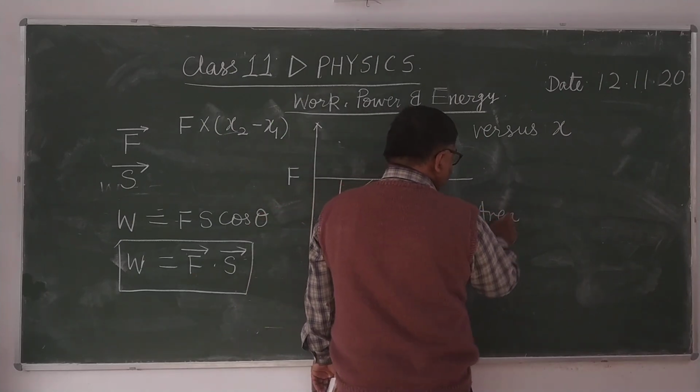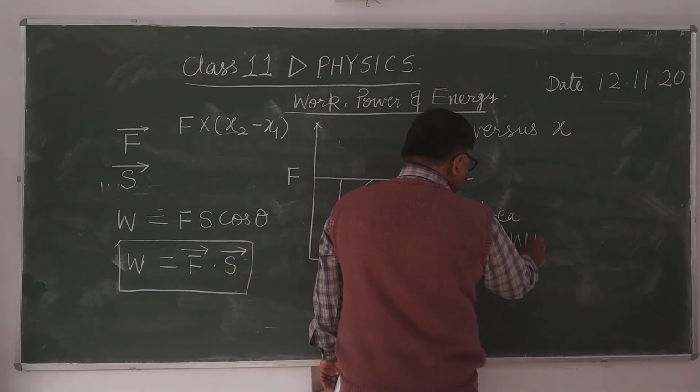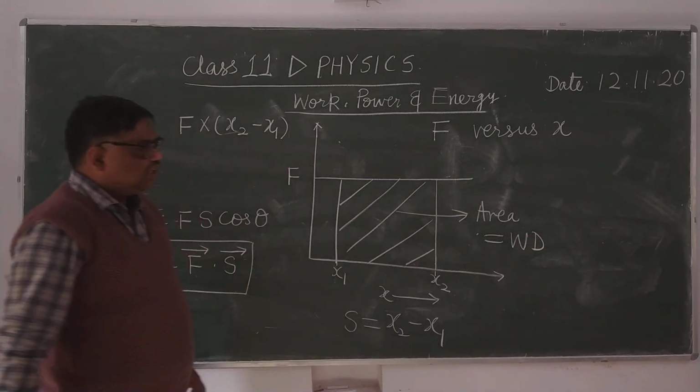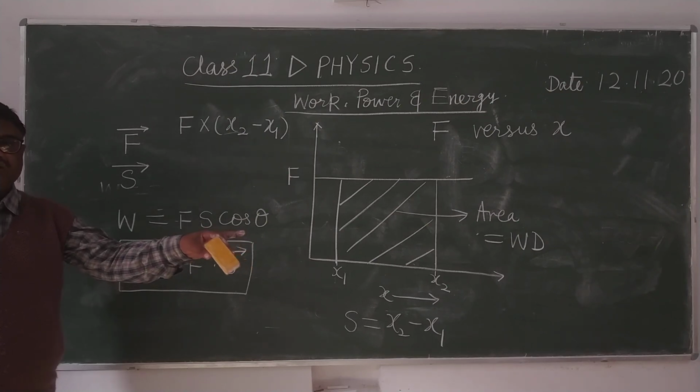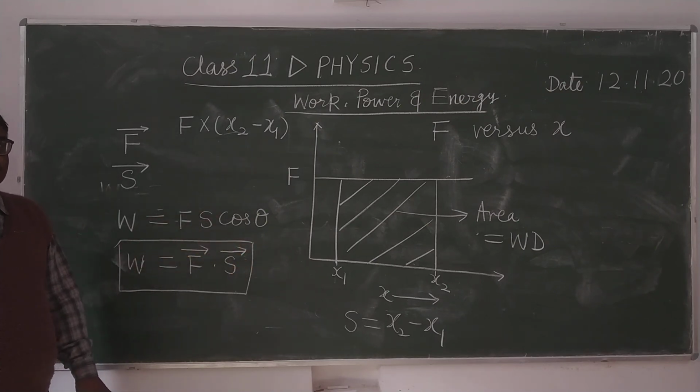Area is equal to work done. Here this area is equal to the work done in displacing the body from position x1 to position x2.